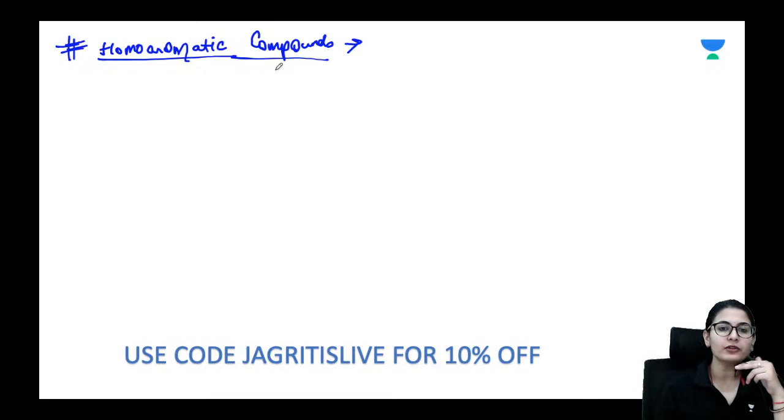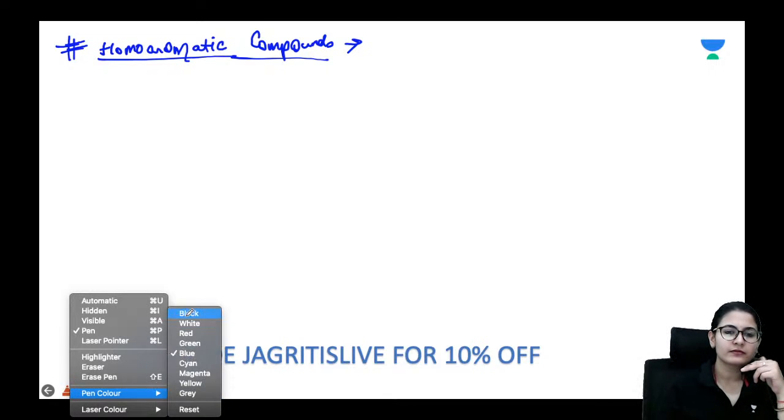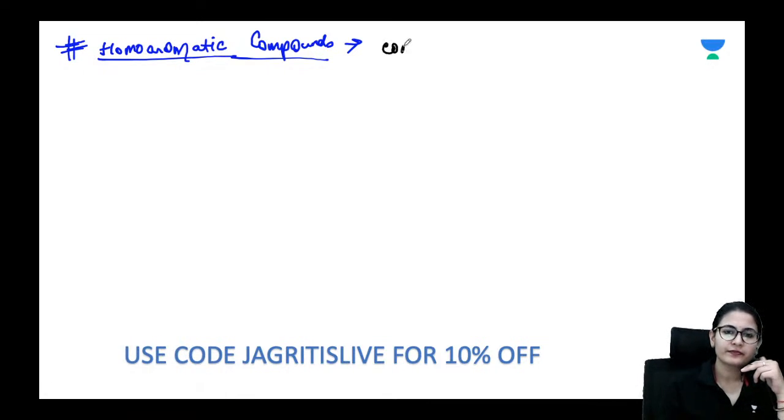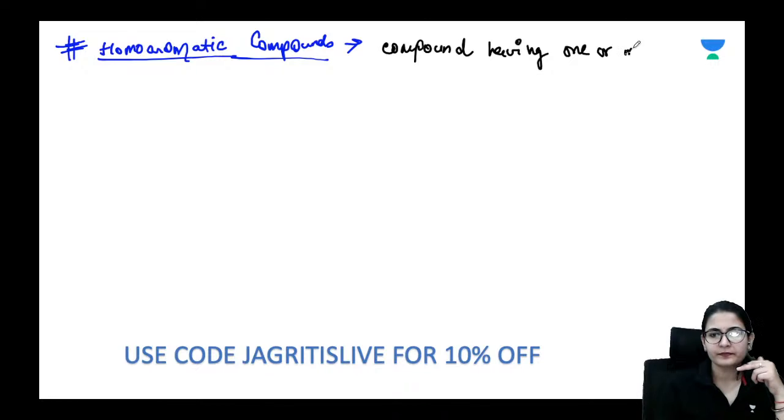So the compound which has conjugation over the whole molecule but one or two carbons become saturated, that means a compound having one or more sp3 hybridized carbon atoms.